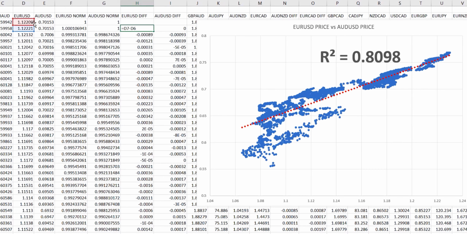So here it went from 1.2209 to 1.2221. And so as you can see here, that represents a move of 0.00012. Likewise, we can do the same for the Aussie dollar by taking values from the same time period.